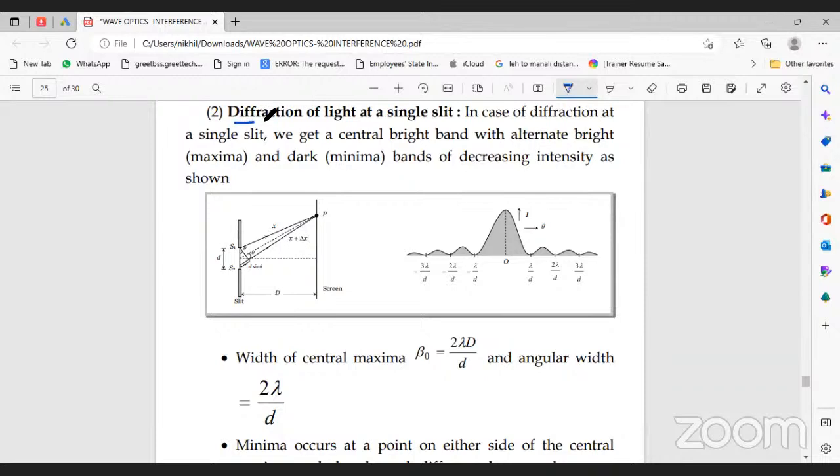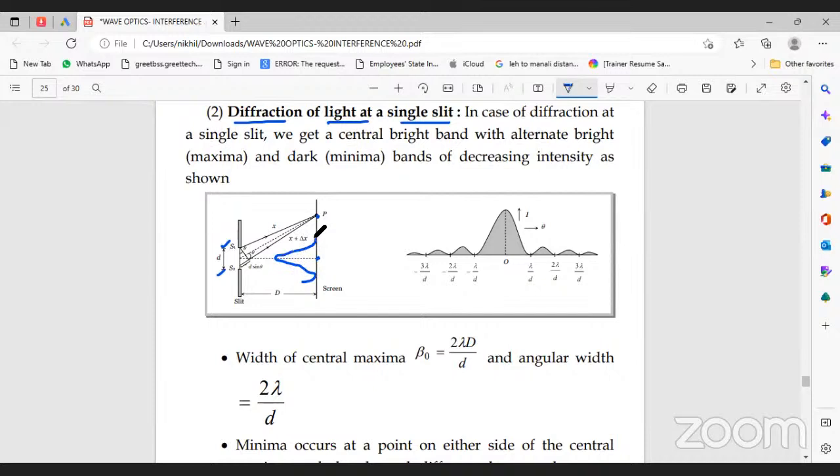You can notice the diffraction of light at a single slit. Now, in the case of a single slit, the slit separation is nothing but small d, and we are going to obtain the interference at the center as bright and some alternate bright and dark in the case of an interference. In the same way, the diffraction also consists of maximum intensity at the center.